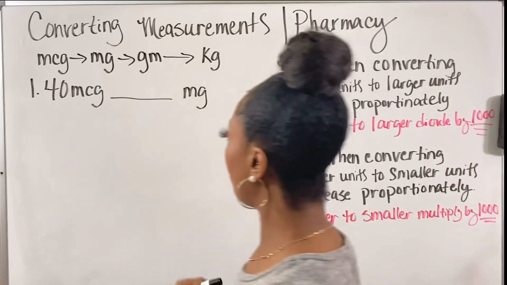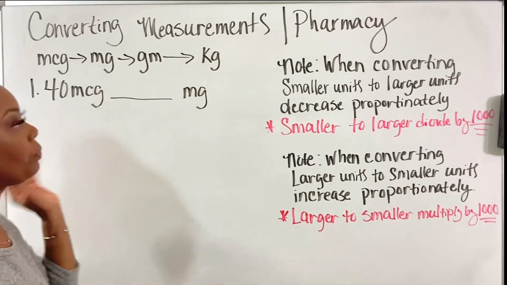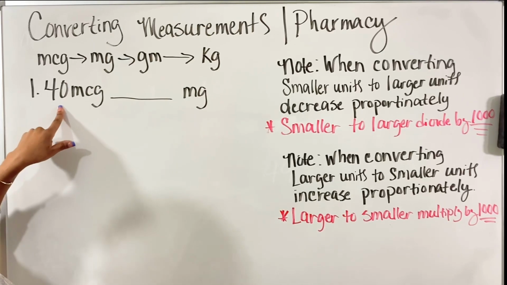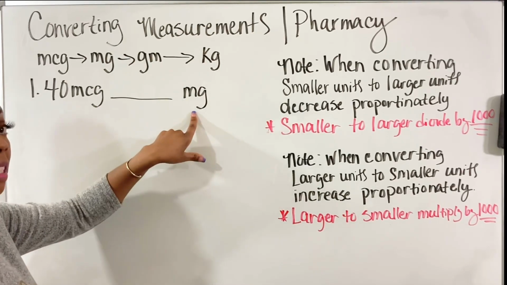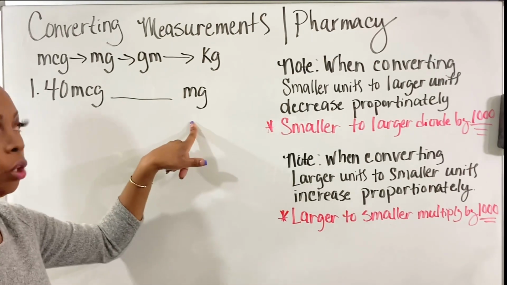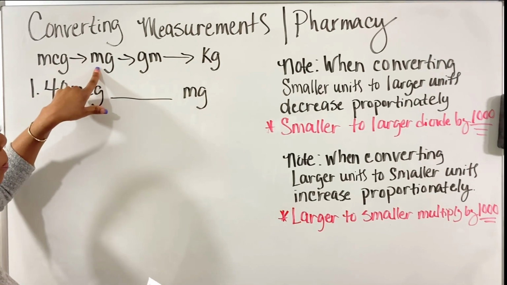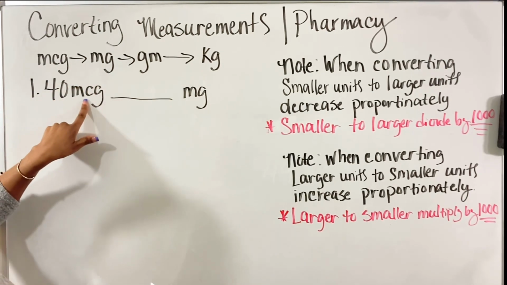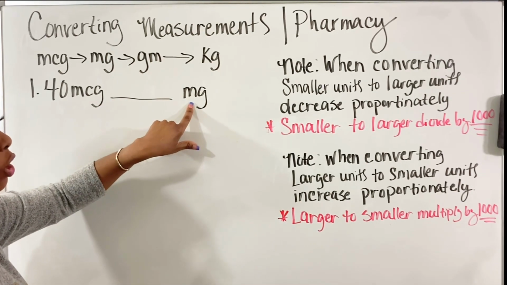All right, okay. Well, welcome back if you paused the video and now you're back. Okay, so now we're going from 40 micrograms and we're trying to figure out how much 40 micrograms are in milligrams. So we're going from smaller to larger because micrograms is smaller than milligrams. So if we are going from a smaller unit to a larger unit, what do we need to do?